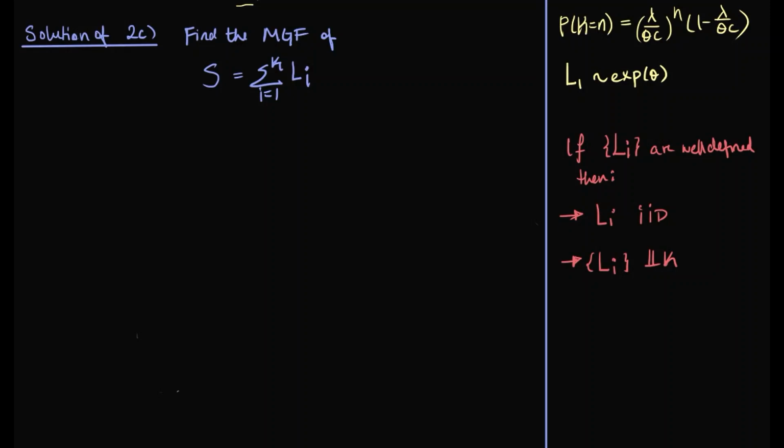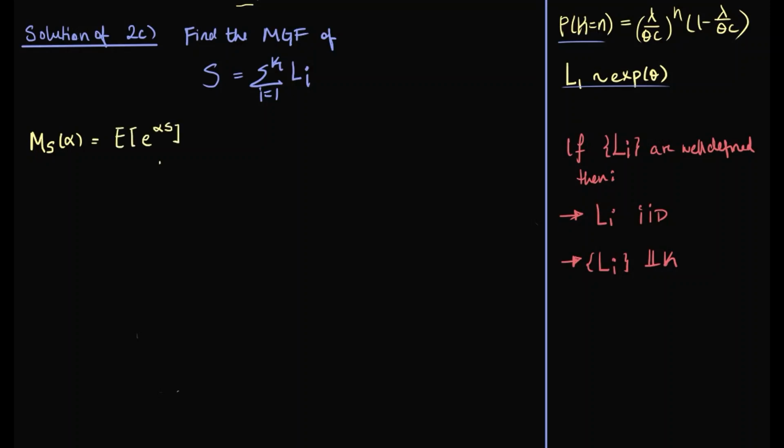For the moment generating function of S, we will need to know something about the distribution of K and the distribution of L. And fortunately, we know both of these from the previous exercises. So now let's get started. What we want to do is find the moment generating function of S, evaluated in alpha for some real valued alpha.